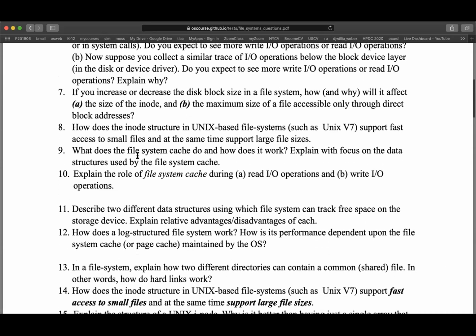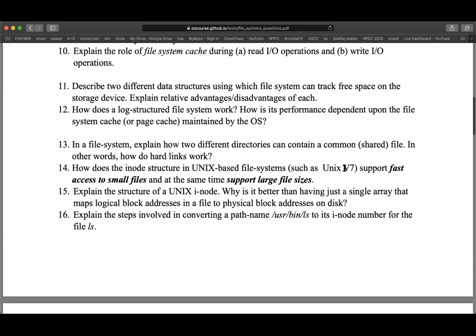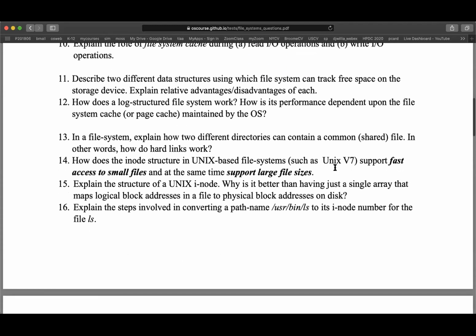Talked about the role of the file system cache in both speeding up read operations by exploiting locality, and also buffering the write operations. Means that you could write into the file system cache and return back to the user application, and the writes can be committed later to the disk. So you can go over some of these things we haven't covered here.